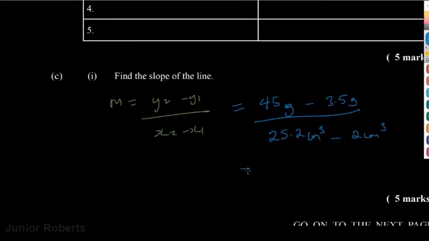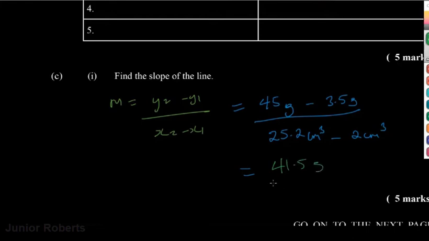Now, somebody calculate this for me, please. First, calculate 45 minus 3.5 and tell me what you get. So what would this be? 41.5, right? So 41.5 grams.